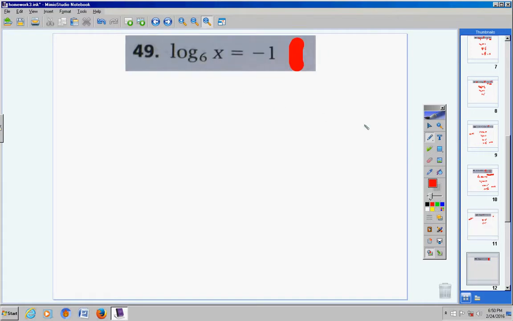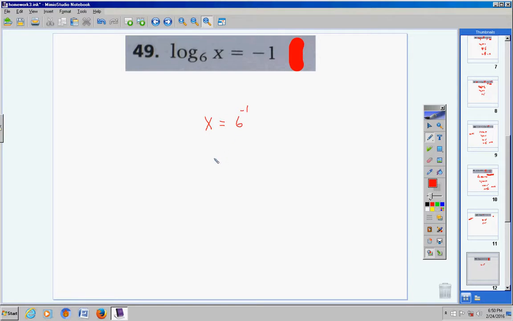Number 49. Okay, step 1, isolate the logarithm. We've already done that. It's done for. Step 2, write it exponentially. So x equals 6 to the negative 1 power. Okay?